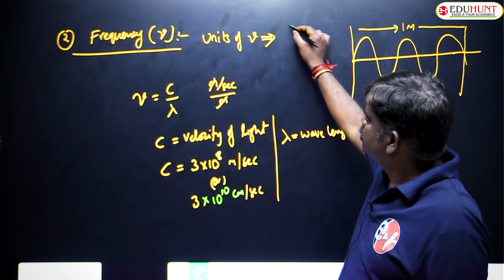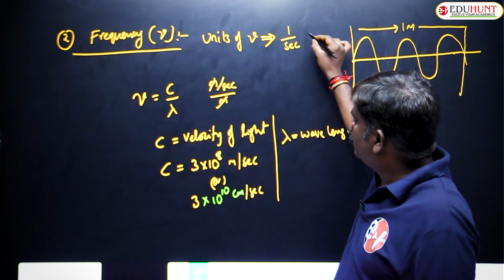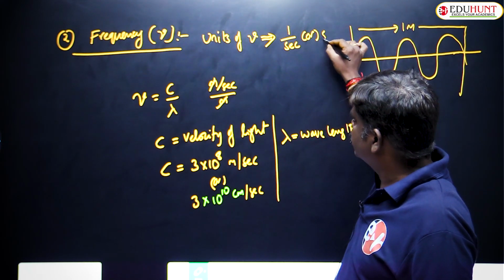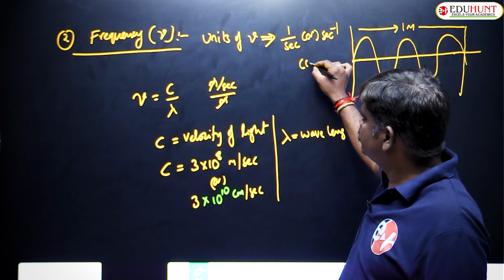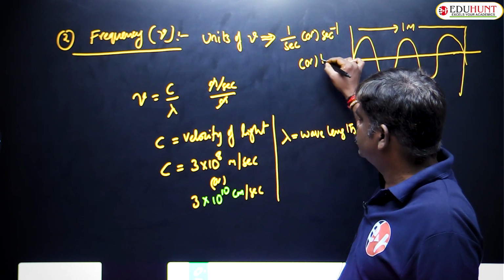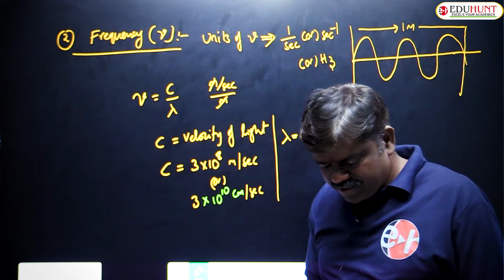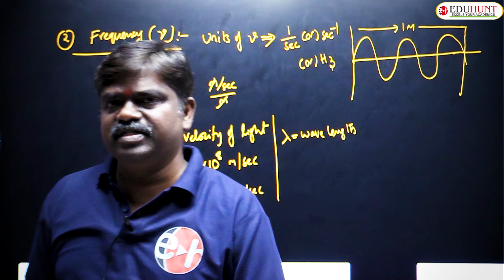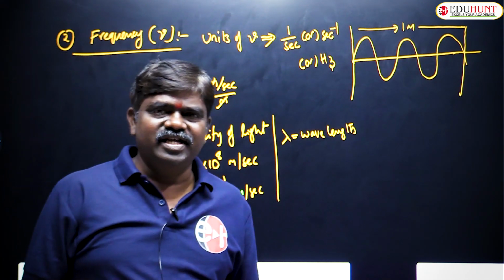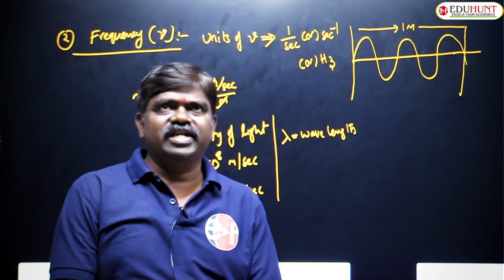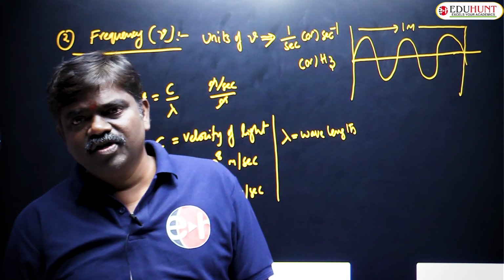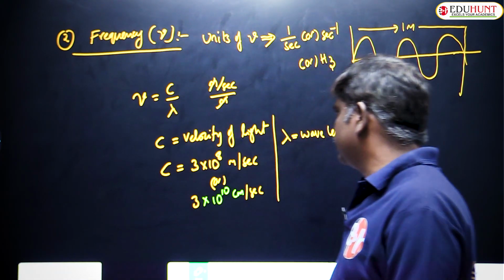Then the unit is 1 by second, or second inverse. Second inverse is known as hertz. The units of frequency are hertz, or cycles per second, or second inverse. These are known as the units of frequency.